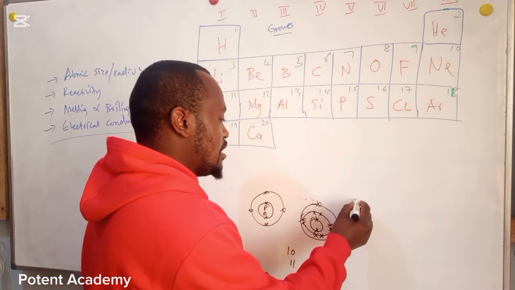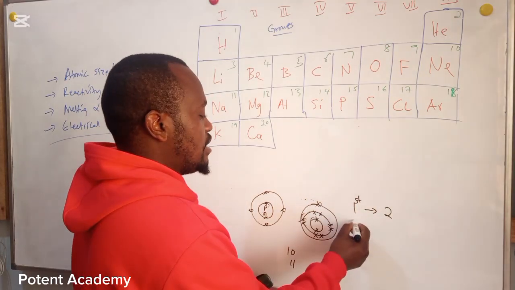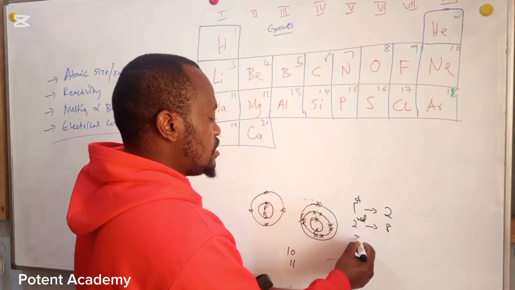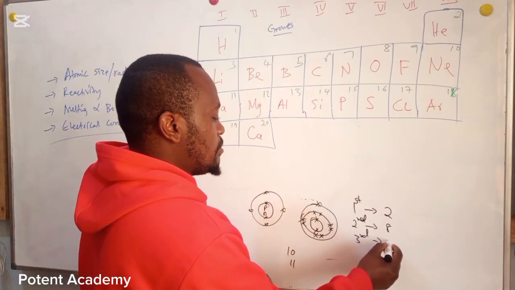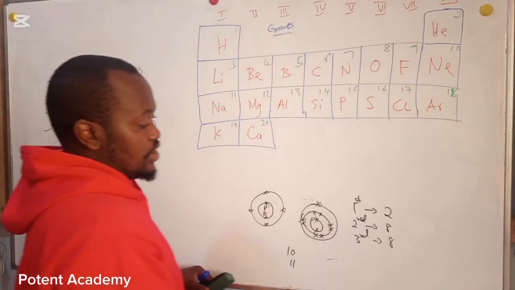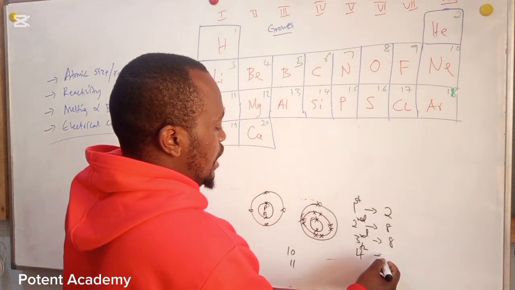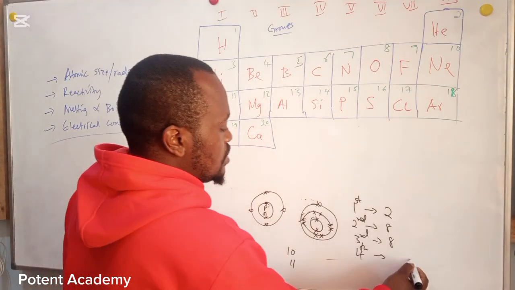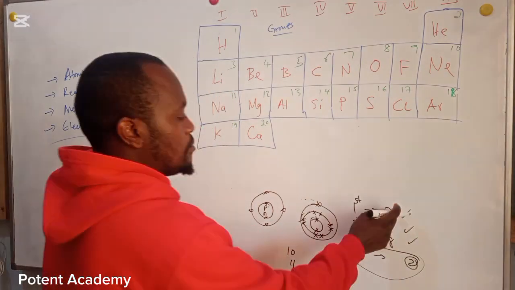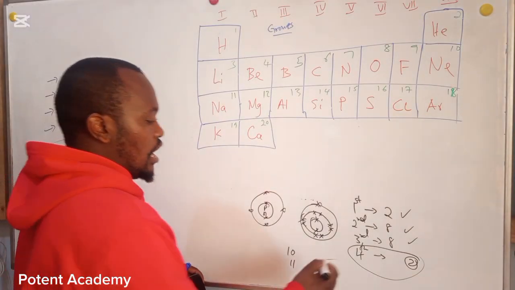So the first energy level accommodates a maximum of 2, the second a maximum of 8, and the third a maximum of 8. For the first 20 elements, you might not need the fourth, because for calcium it will have only 2. However, look at it this way: a maximum of 2, a maximum of 8, a maximum of 8.